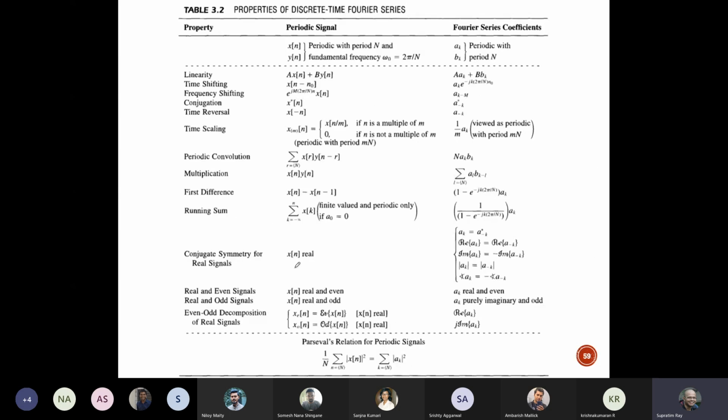So I won't spend more time on discrete Fourier series right now because we'll get to it later. I just wanted to say that all the properties that we saw in the continuous domain, for the continuous periodic signal, pretty much hold for the discrete case as well. The convolution is now called a periodic convolution. You don't need anything other than the n coefficients, right?